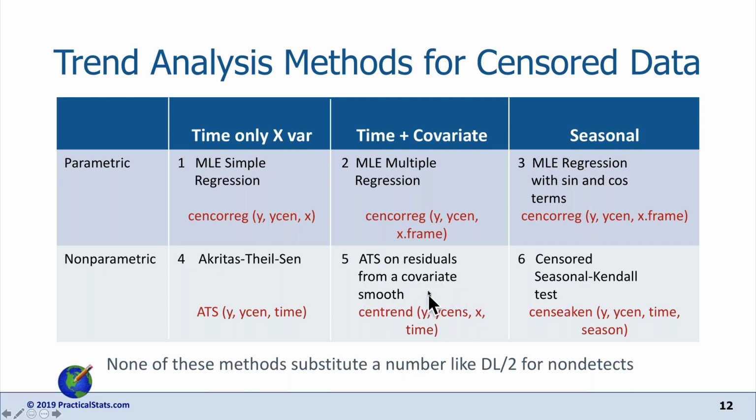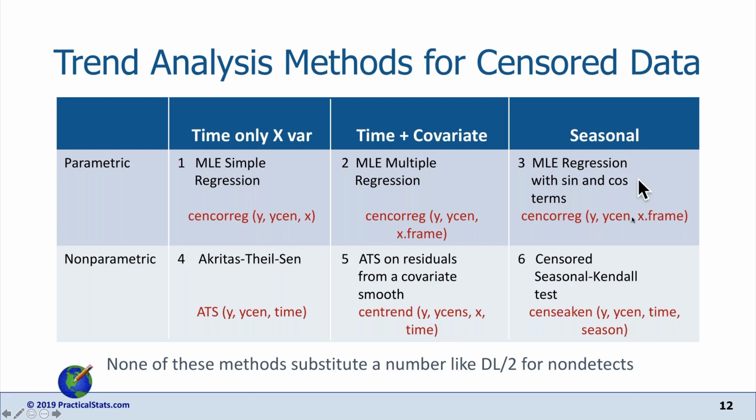So we're going to use something to relate to that covariate, subtract off that covariate effect, and then run the ATS trend test on the residuals. And in red here are the names of the functions in R that I've written that will run these, and they come as part of the Nondetects and Data Analysis course. So there's a function for what I just said.